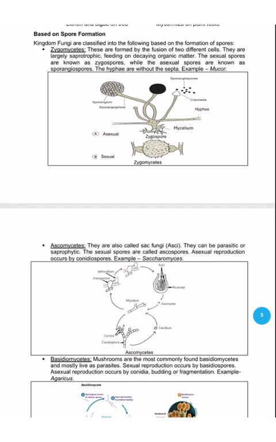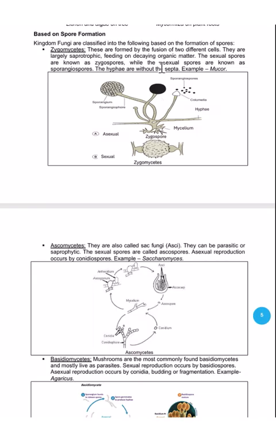So in zygomycetes, at this stage, you need to know that they produce sexual spores known as zygospores. As you can see here, it is produced by the fusion of two cells from different hyphae, and they give what we call zygospores.